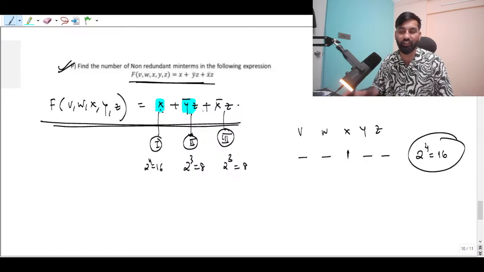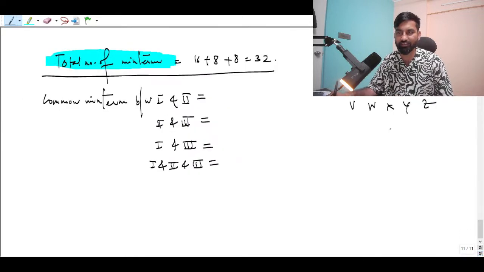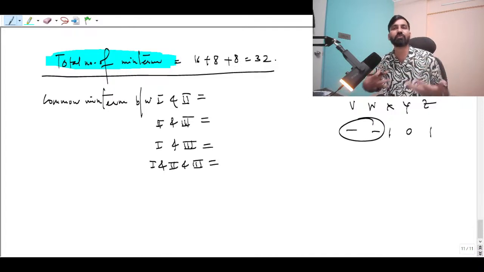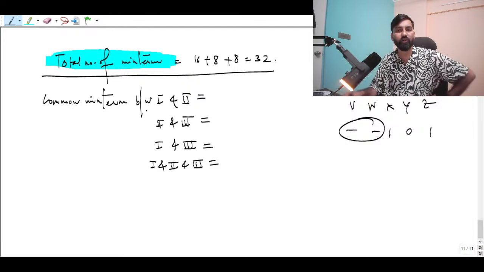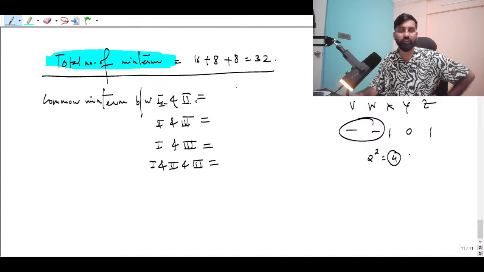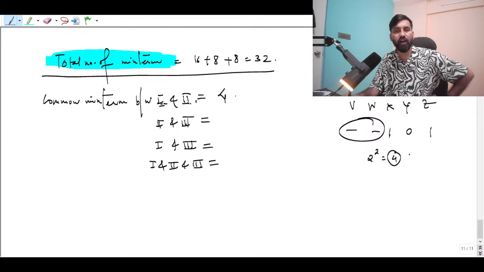So how many minterms will be common between these two terms? 2 to the power 2, which is 4. So 4 minterms are going to be common, and you can say this is p. Now p is a number here, p equal to 4.